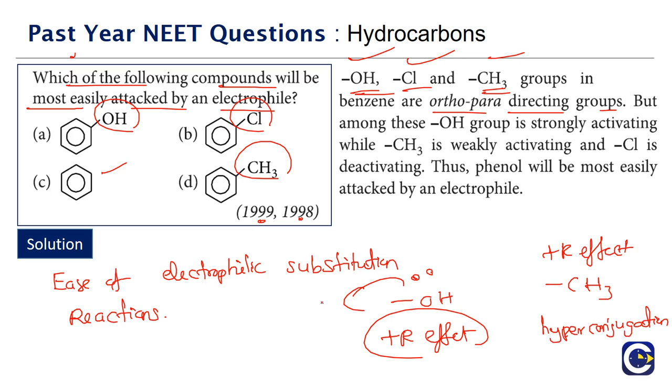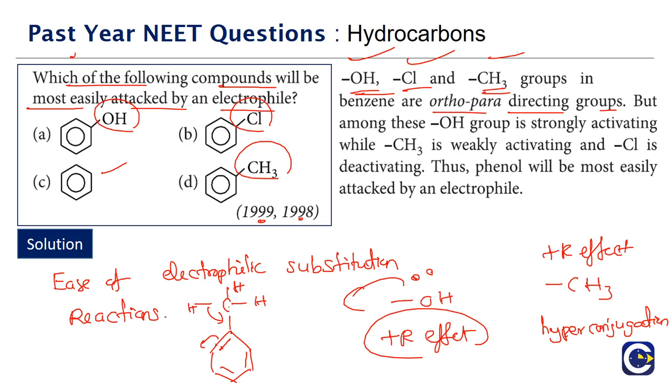If you look at the hyperconjugation structures of toluene, we have a methyl group with 3 hydrogens. One of the carbon-hydrogen bond electrons is taken away, leaving the hydrogen without any bond, and that will be used for forming the bond between the methyl carbon and the benzene ring carbon.